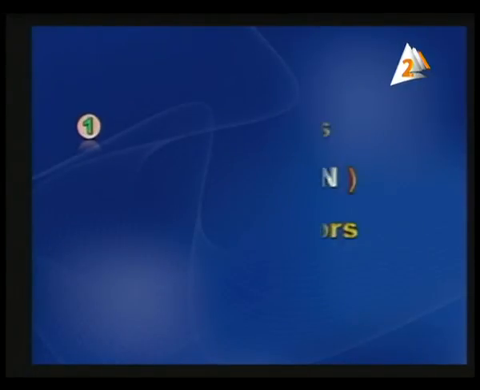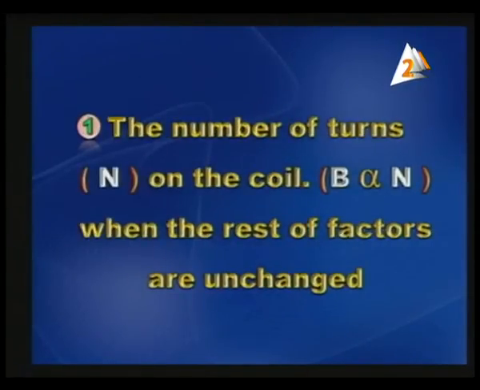First factor is the number of turns on the coil. Magnetic flux density is directly proportional to the number of turns. This happens only when the rest of the factors are unchanged. So beta is directly proportional to the number of turns.